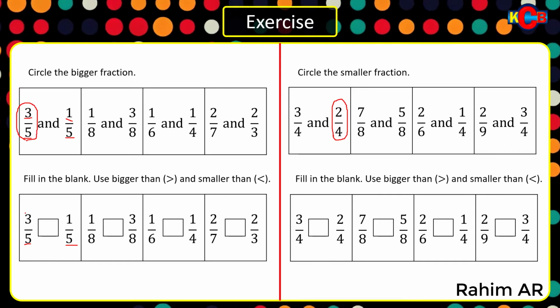So we know that 3/5 is bigger than 1/5, so we write this symbol, bigger than. And also here, 3/4 and 2/4. Since 3/4 is bigger, then we write this symbol, 3/4 is bigger than 2/4.